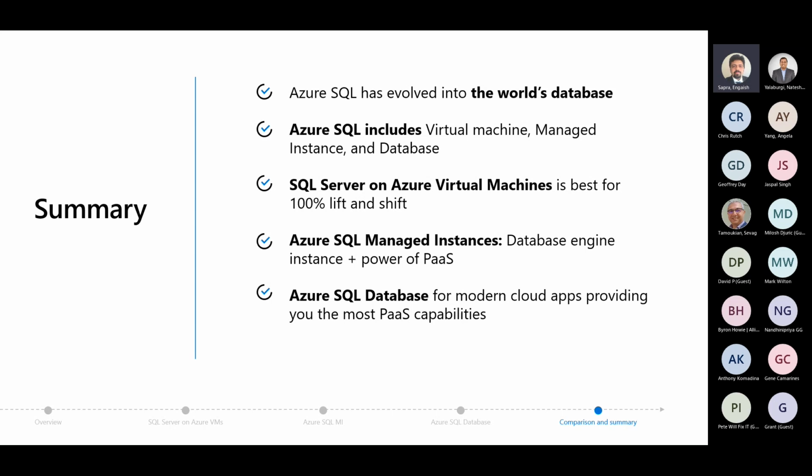SQL Server on Azure Virtual Machines is best for 100% lift and shift, or the as-is provisioning of SQL environment in Azure. The SQL MI is the database engine with the instance-scoped features, plus the power of platform as a service. While the Azure SQL Database is best for modern cloud apps, providing you with most PaaS capabilities.